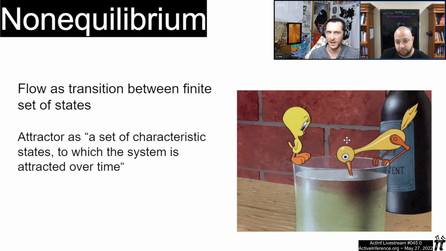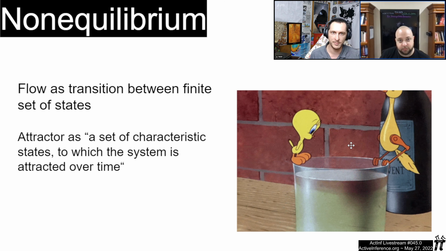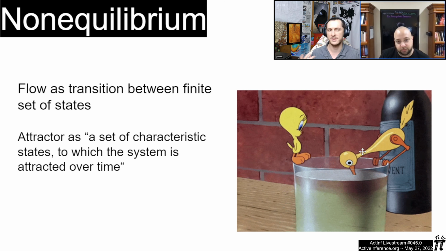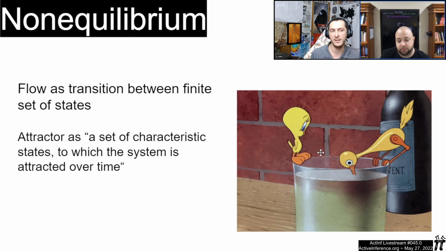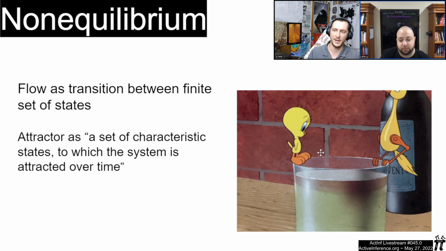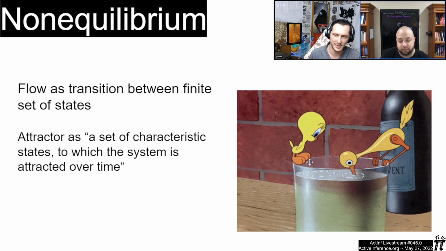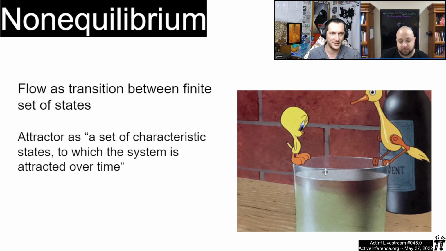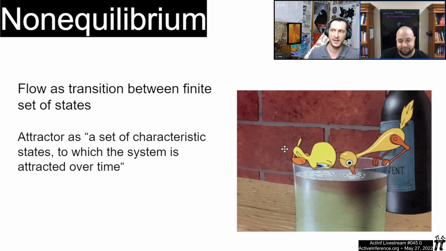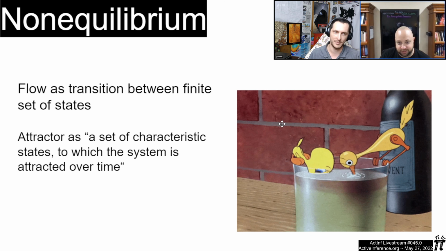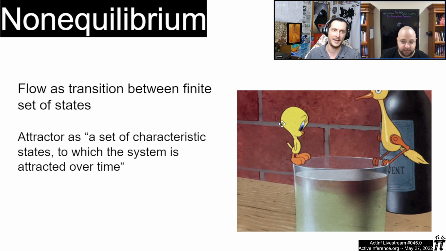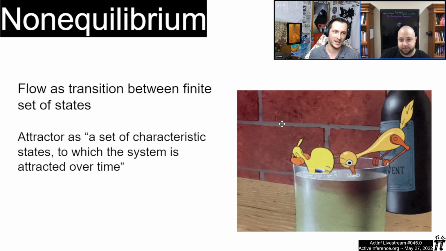So it's not in spatial equilibrium, but also there's this stationarity, or there's something about it that is constrained. And then the ostensibly living bird, I guess, on the cartoon on the left, is non-equilibrium of an even higher or more complex type, because that bird might fly away or do something else.